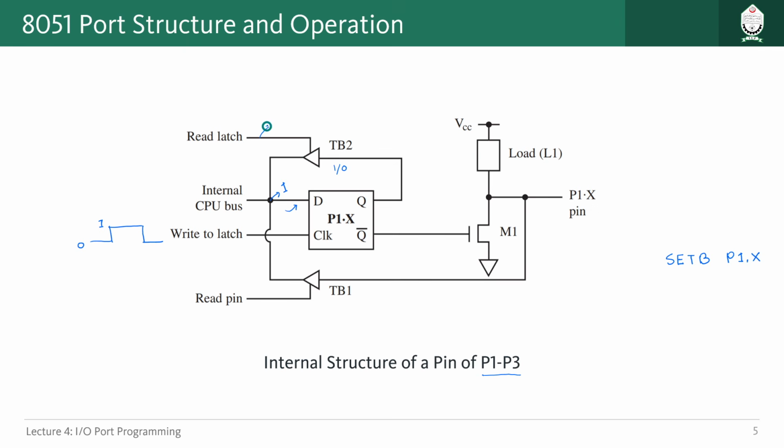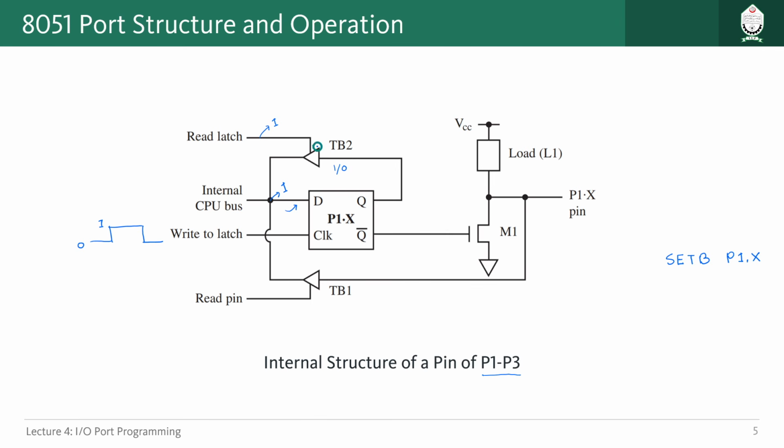Whenever you give 1 here, which enables this buffer, whatever you have at the input, 1 or 0, will be passed on to the output. One of the benefits of these buffers is that they can isolate the input side from the output side. So if there is any problem, like a high amount of current flowing or a surge at the input, that will not affect the output.